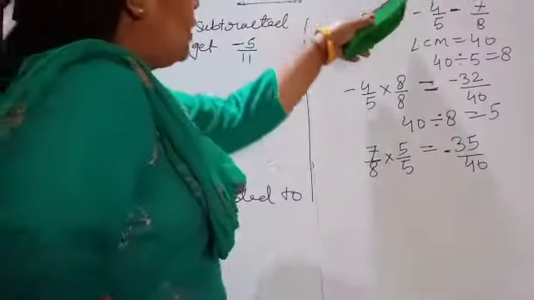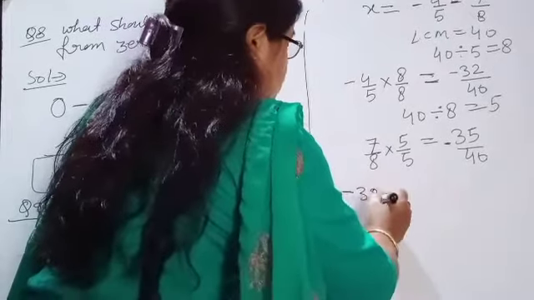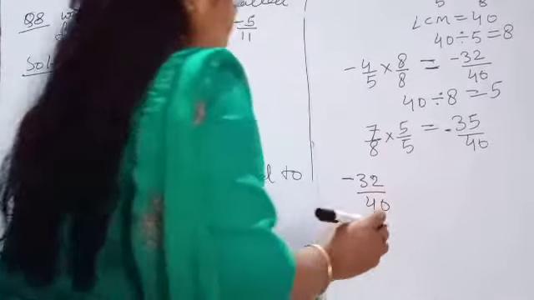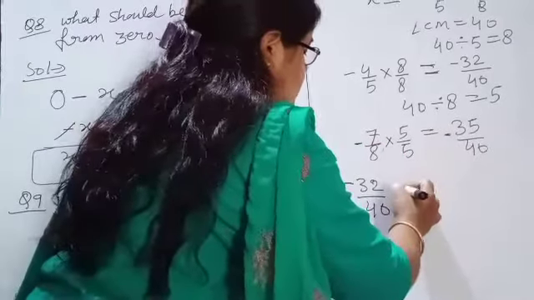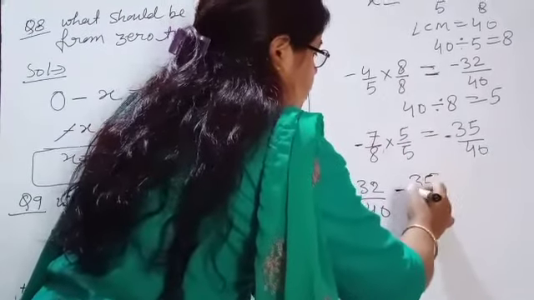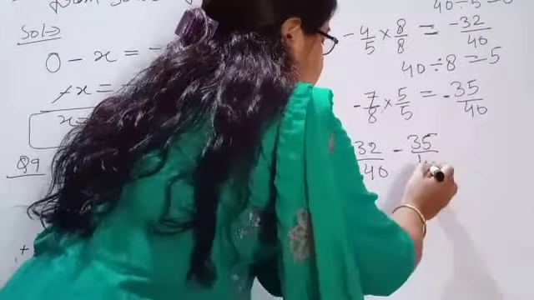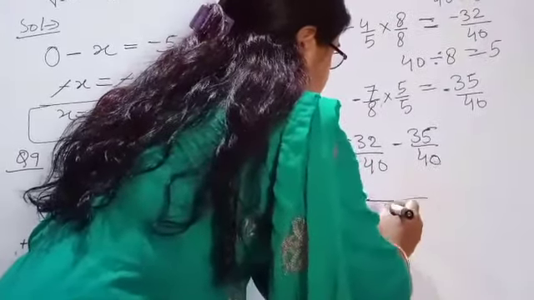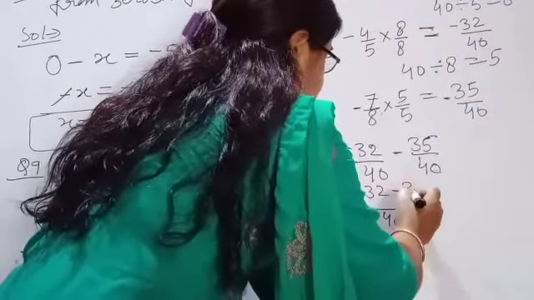Now write, in place of minus 4 upon 5, what you got: minus 32 upon 40. In place of minus 7 upon 8, what you got: minus 35 upon 40. Okay. Now see that the LCM you got is 40, with minus 32 and minus 35.